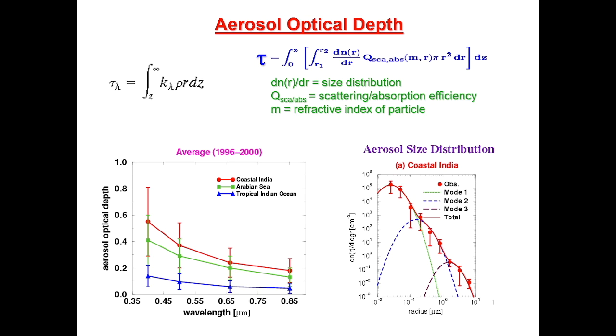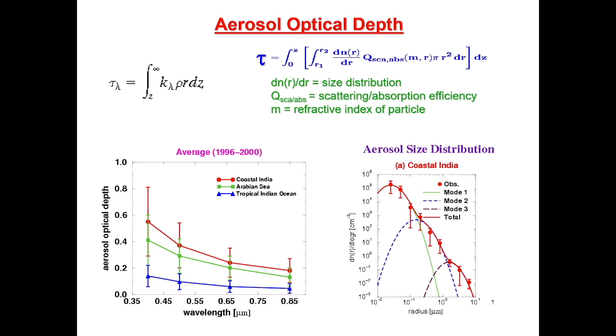So the net effect is that it reduces the amount of radiation falling on the surface, and if we integrate the total extinction along a pathway having a number of particles, the net extinction can be measured in terms of what we call the aerosol optical depth.